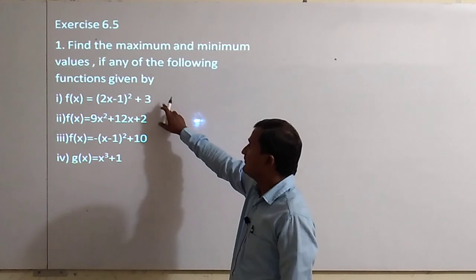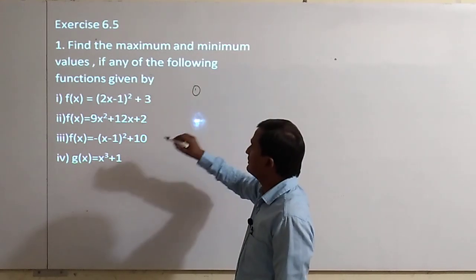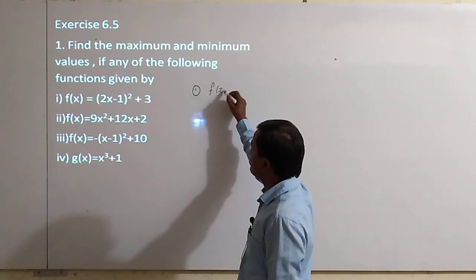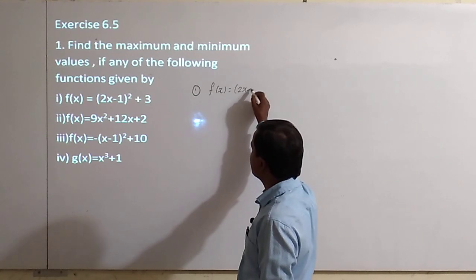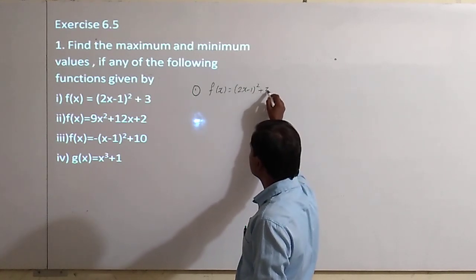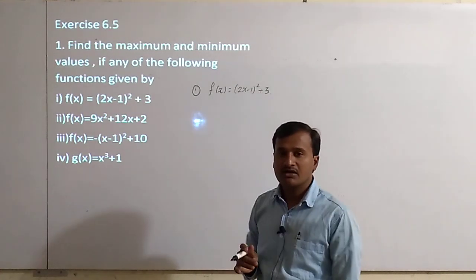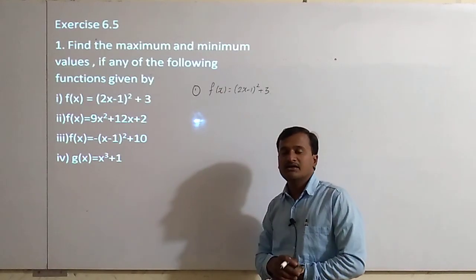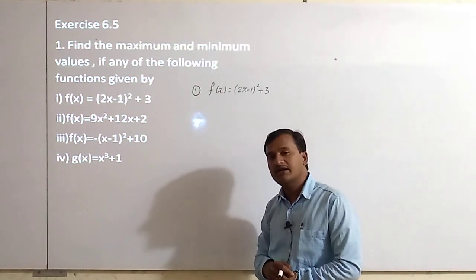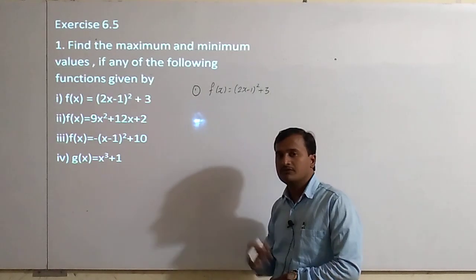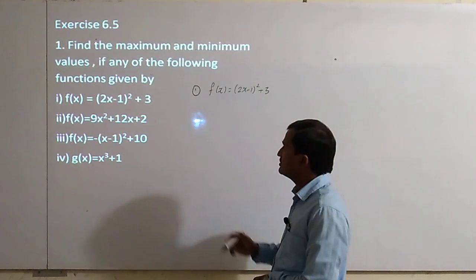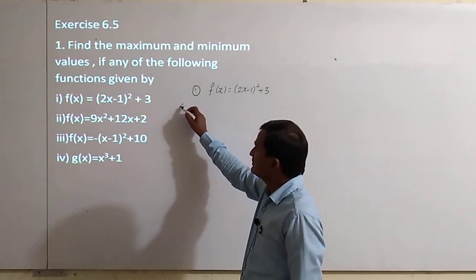Okay, the first one, so what is given? f of x equal to 2x minus 1 whole square plus 3. Now we are going to find the maximum and minimum values of this function, right? So the solution is like this.